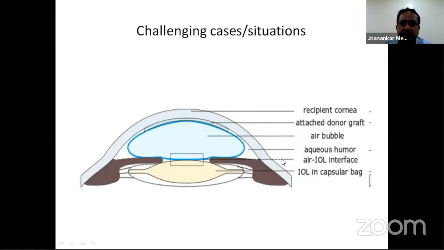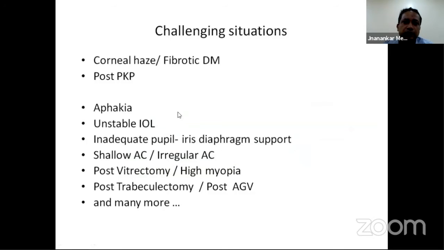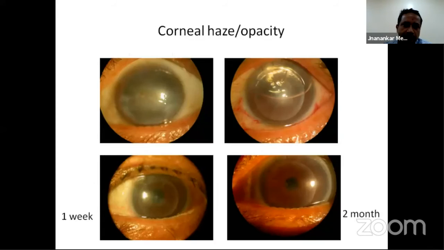Now, what are the challenging cases or situations? It's more than the cornea itself, the surrounding structures which pose more challenges for the surgeon. I could find corneal haze or fibrotic DM in all cases to be presenting with challenges, or post-PKP patients. Other factors are if the patient is aphakic, if there's an unstable IOL, if there's inadequate pupil or iris diaphragm support, shallow AC, deep AC, post-trabeculectomy, post-valve where you have to maintain air tamponade, and there can be many more factors.